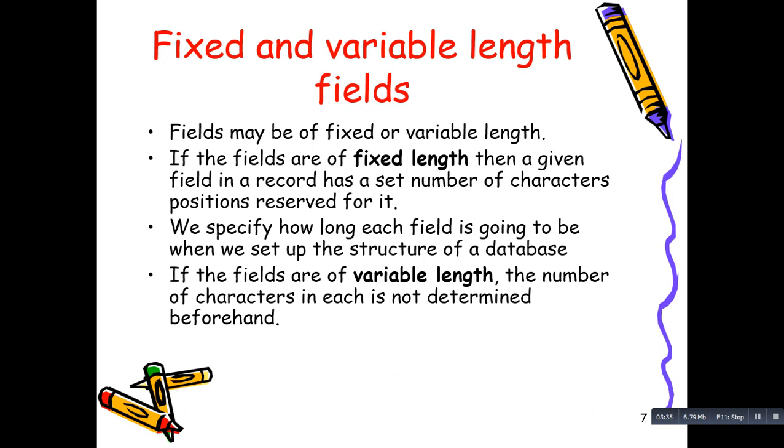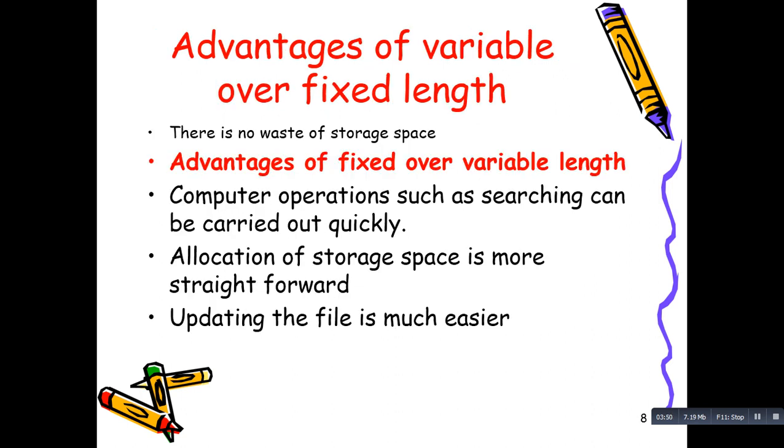If the field is variable length, the number of characters in each is not determined beforehand. For example, if you want to enter 8 characters, you can; 10 characters, you can; whichever you like.